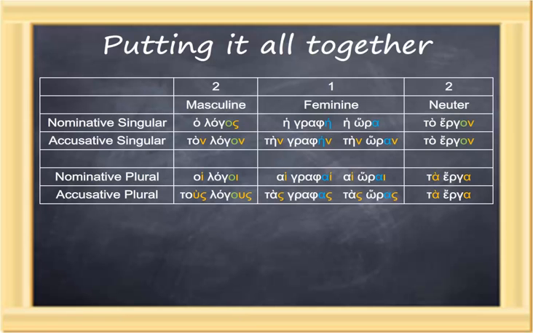But notice the accusative masculine singular, the article is ton. With the neuter, the article is to, no nu. So if you have ton plus a stem that ends in omicron nu, you know it's masculine accusative singular, and not neuter nominative or accusative singular.